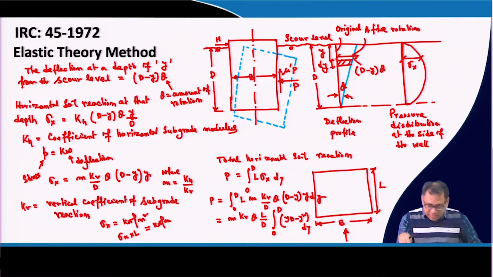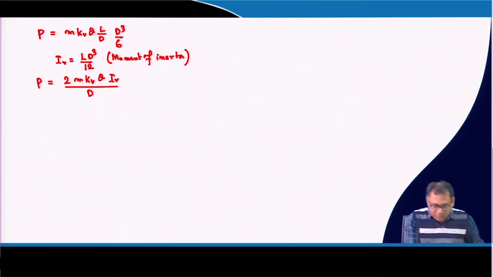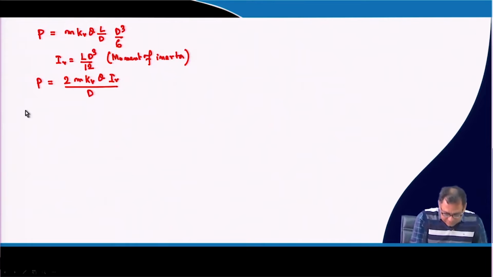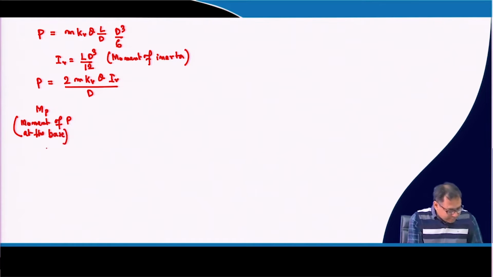If I call that moment M P, where M P is the moment of P, or due to P, at the base. That M P will be equal to, again we have a stress, L into sigma x.